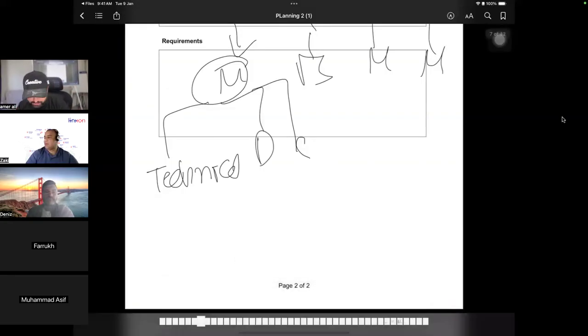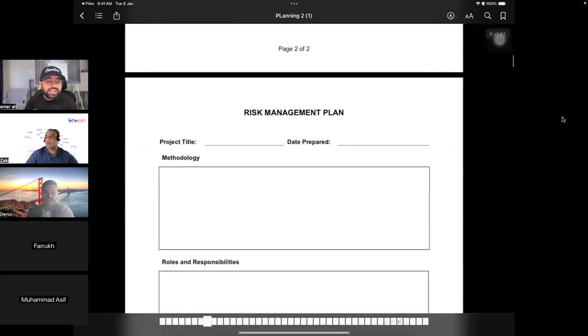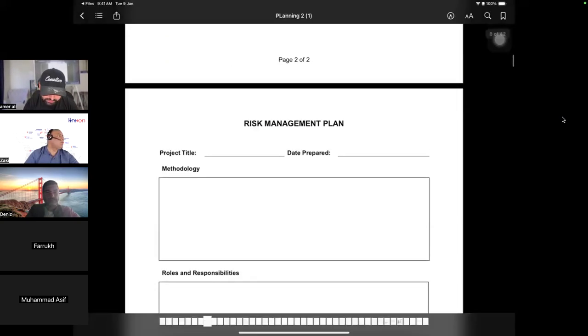Okay. The next plan is the risk management plan. So what is a risk? Risk is an uncertain event that may or may not happen at any time. We identify it, but in the risk management plan, very important, there are no risks in it.